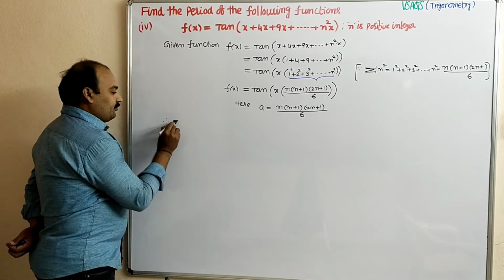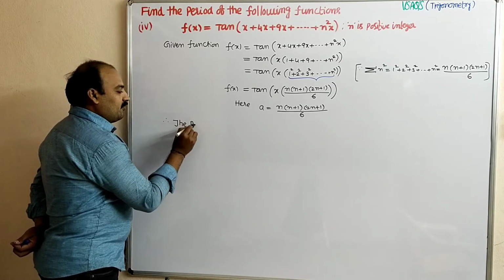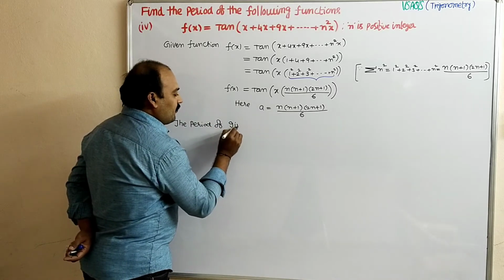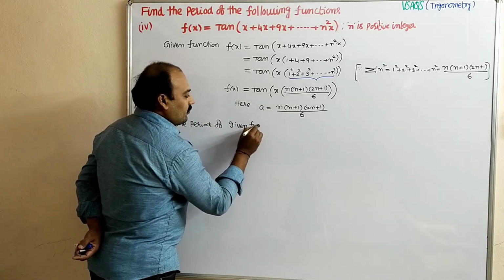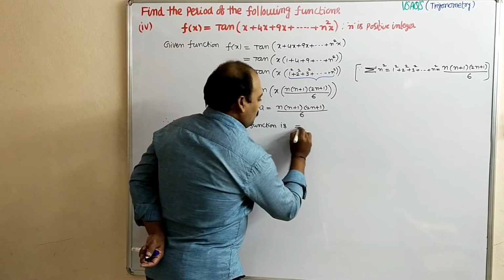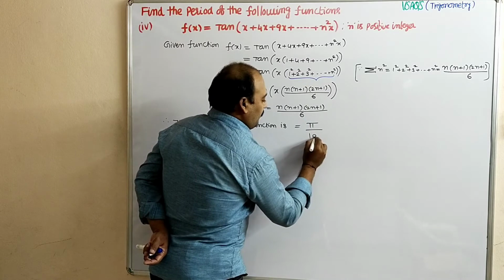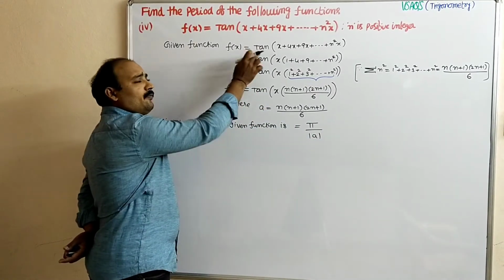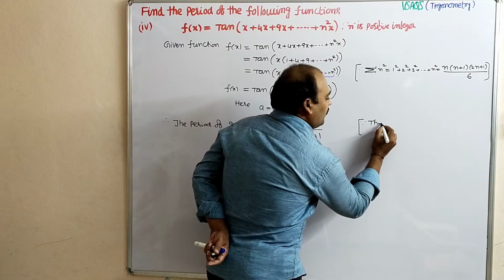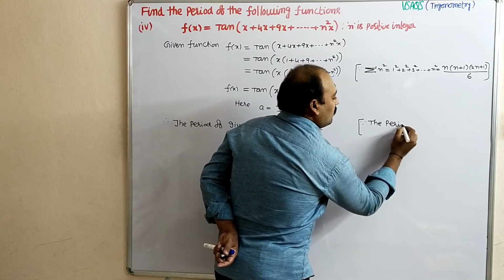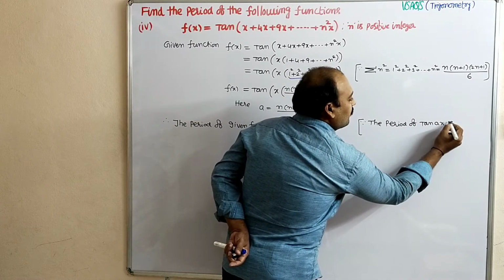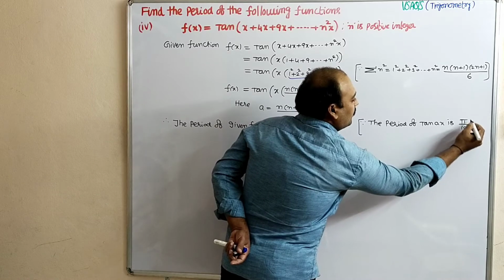Therefore, the period of the given function is pi by mod a. Why? Because here the function is tan. We have that the period of tan ax is pi by mod a.